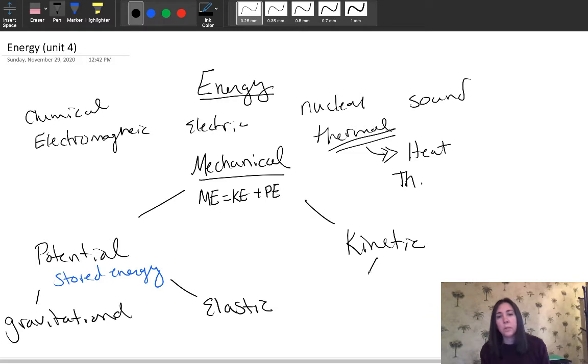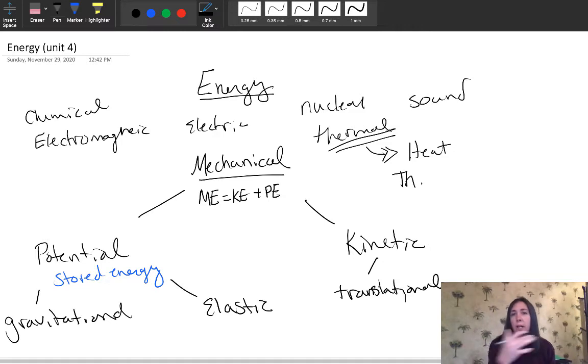We're going to talk mostly about translational. So things that are sliding or moving. There's also rotational kinetic energy. All of these forms, these four forms that I've written here, have equations that follow them.